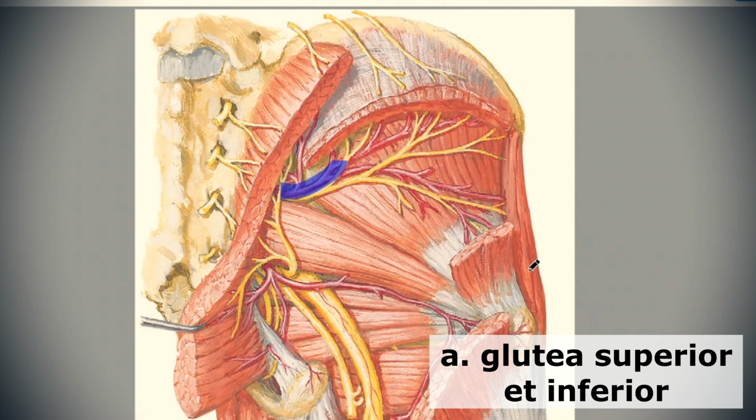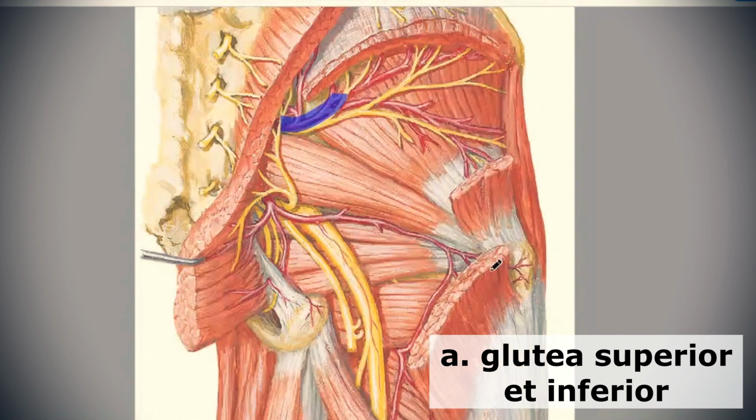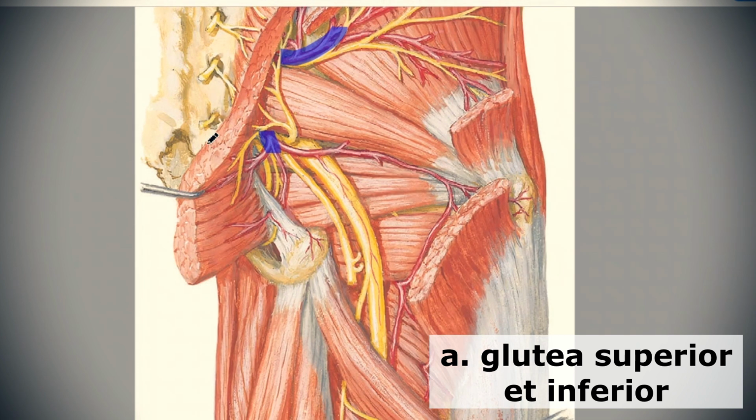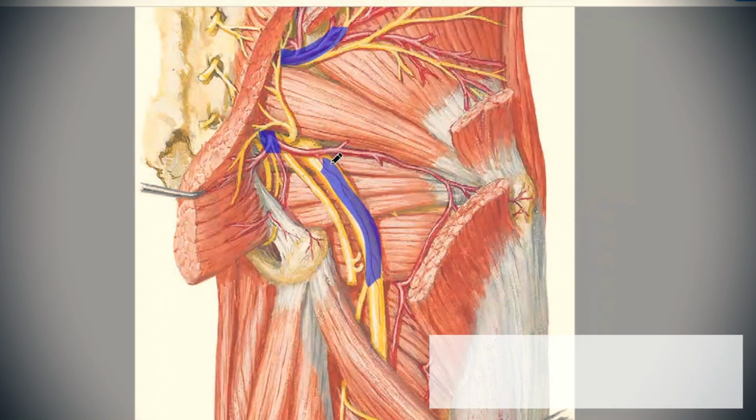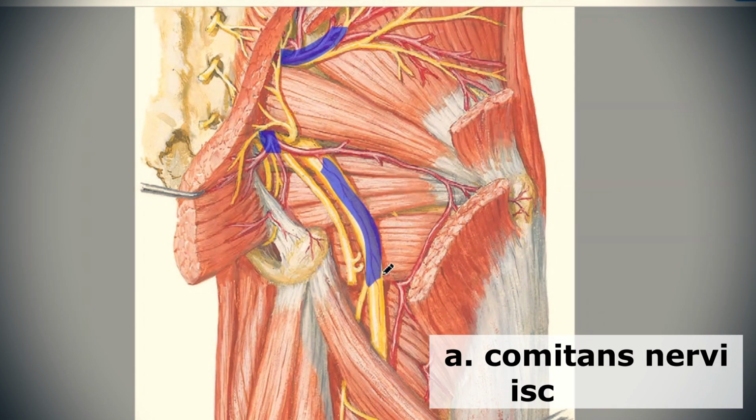It will give branches to musculus tensor fasciae latae and also give branches to hip joint. Arteria glutea inferior goes through infrapiriformis opening and supplies musculus gluteus maximus. As you can see, also gives branches to hip joint and gives this small branch that comes along with sciatic nerve, the biggest nerve in your body, and supplies it. It calls arteria comitans nervi ischiadici.